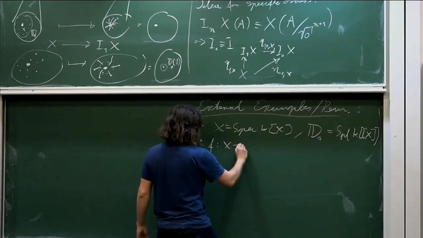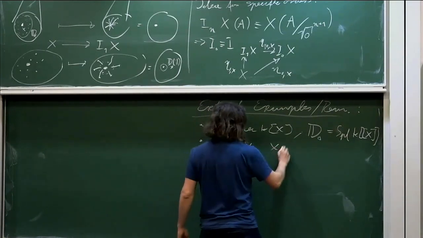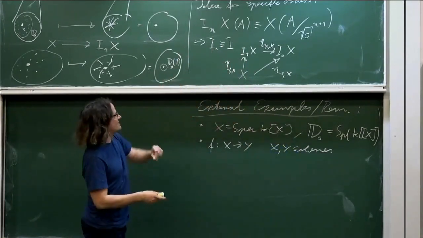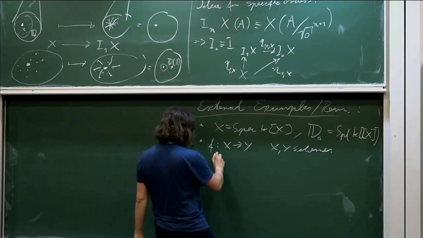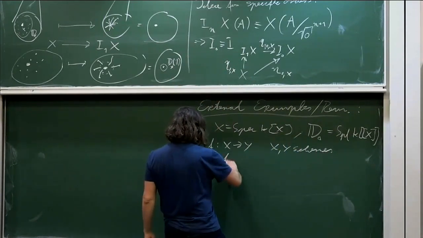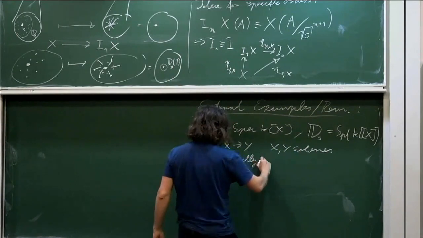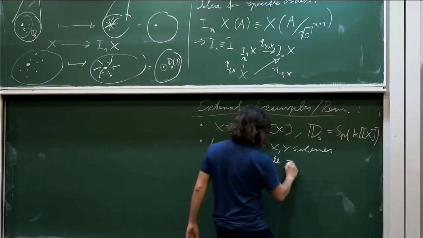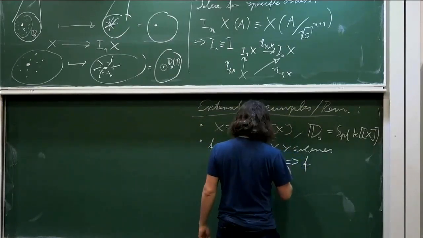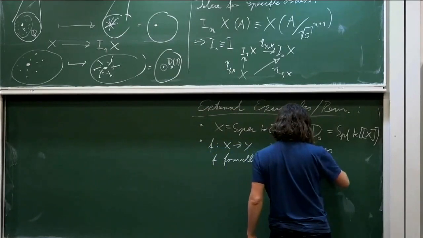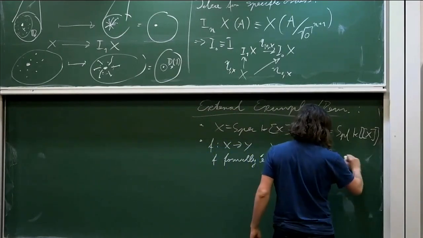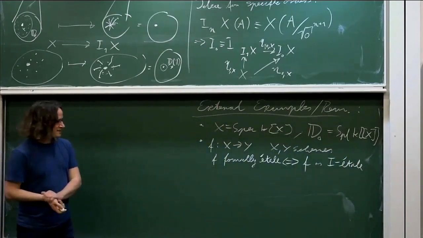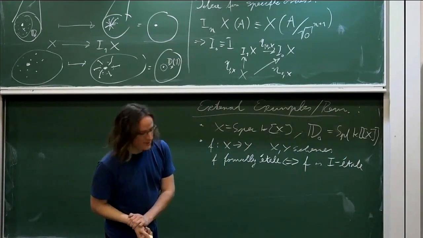If I have a morphism of schemes, then in precisely this setup, I know that if F is formally étale, in the sense of EGA, then F is, if and only if F is étale for this modality I in the sense of Egbert's talk. So I guess it's a clarifying point.